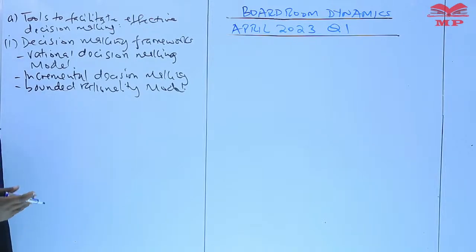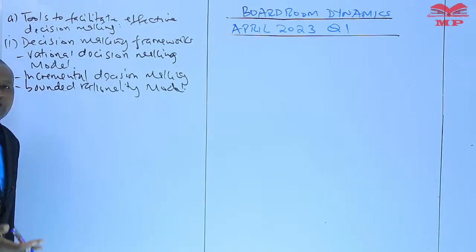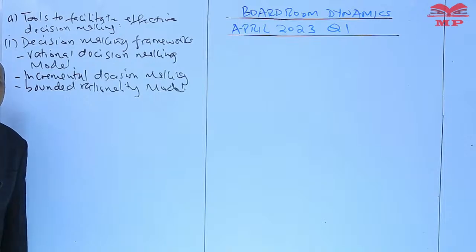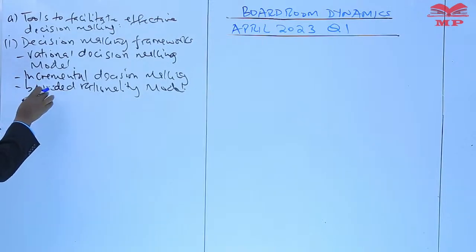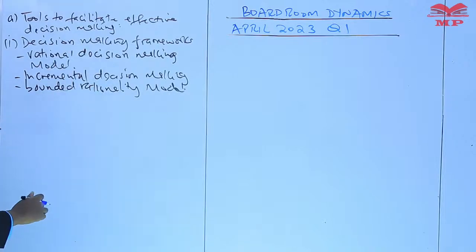The bounded rationality model, the incremental decision-making model, the rational decision-making model, and many more models. By using such frameworks, the directors can evaluate options, consider potential risks, and arrive at well-informed decisions, and so on. So these are some of the tools that we can discuss under point number 1.